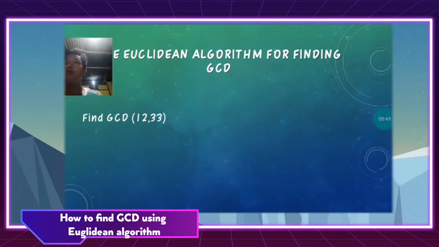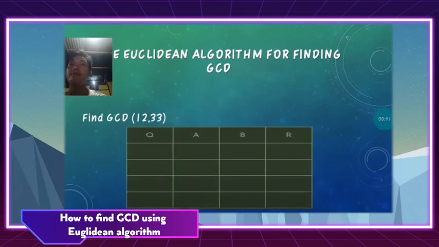What we are going to do is create four columns like this. The first one is the quotient, and the second and third are the two parameters A and B, because we are going to compute the GCD of two different numbers.